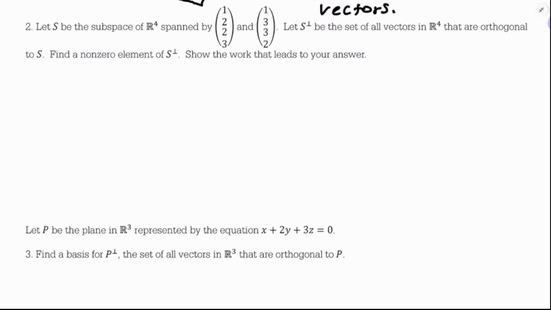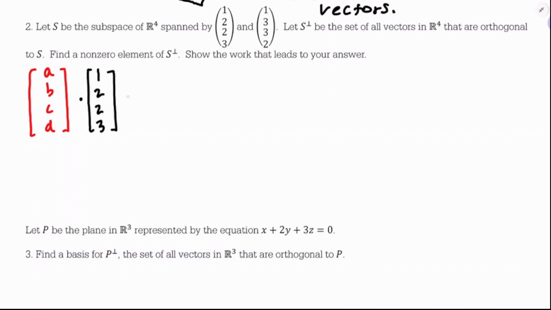Yeah, totally. So what we need is some kind of non-zero element of S perp. Well, that's just going to be, I'm going to call it A, B, C, D. So we need to be able to dot that with 1, 2, 2, 3 to get 0.